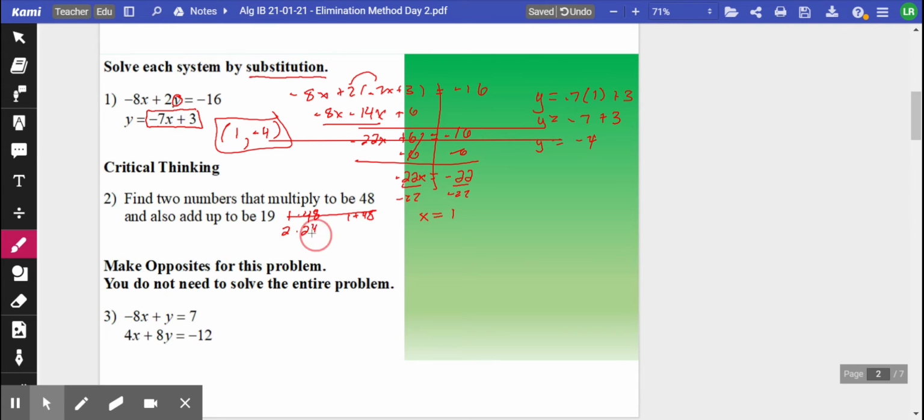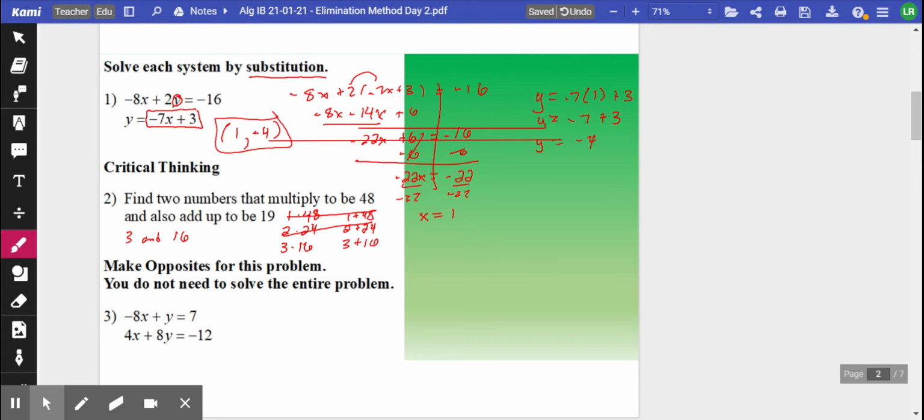That's 24. So 2 times 24 is 48. 2 plus 24 is 26. So that doesn't work. Next number is 3. You've got to figure out what number multiplied by 3 is 48. And that is 16. And oh, snap. We have our two numbers, 3 and 16.